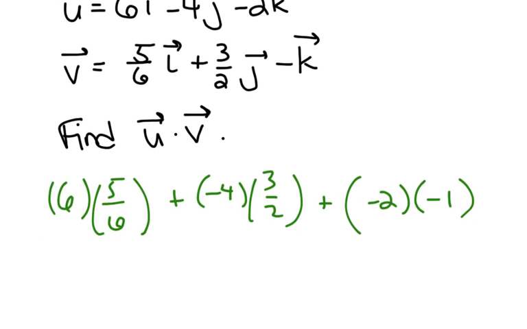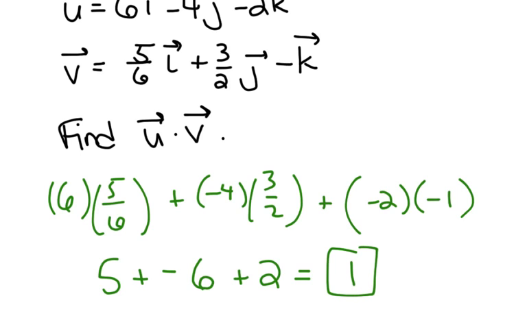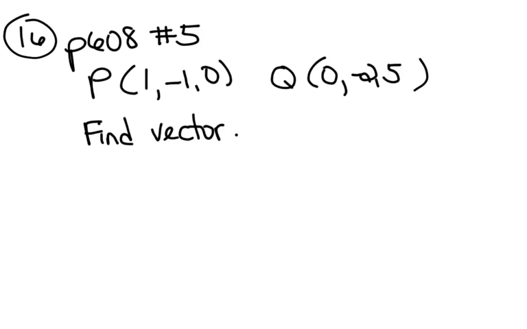Just remember that the answer to a dot product is a scalar. So I'm going to get 5 plus negative 6 plus 2, and the answer is going to be 1.